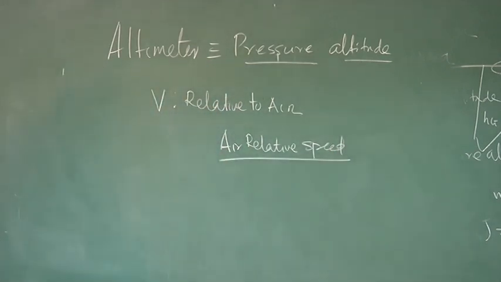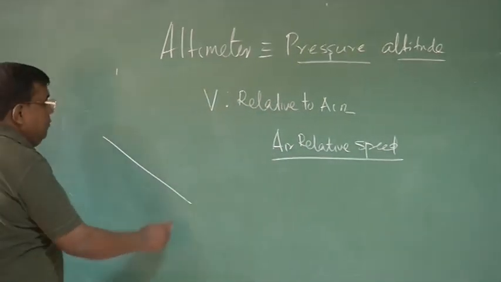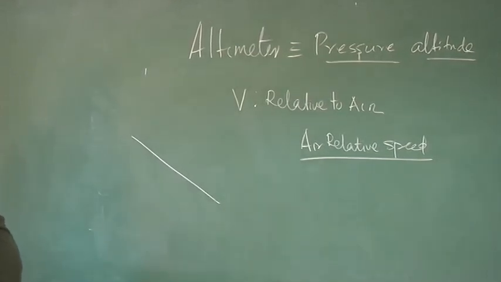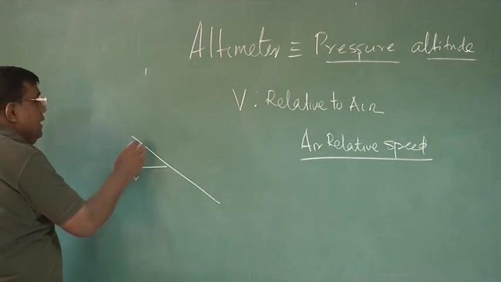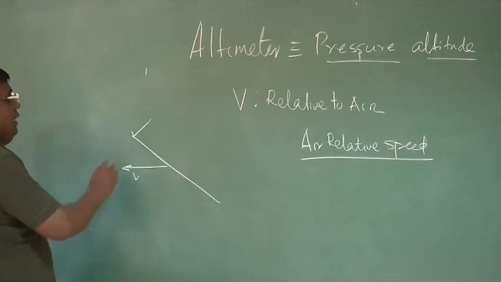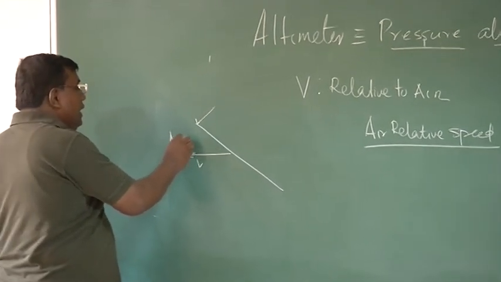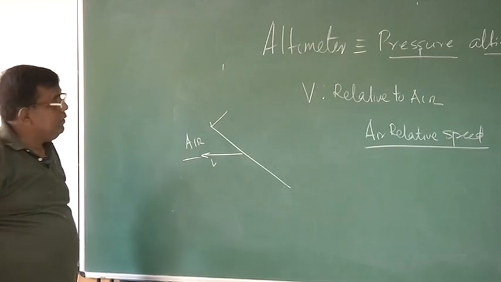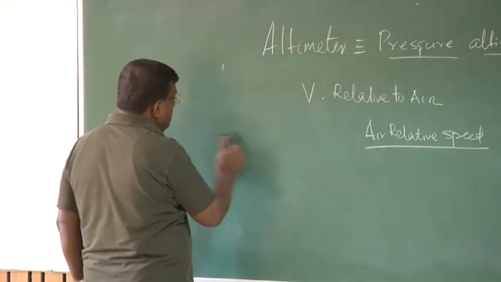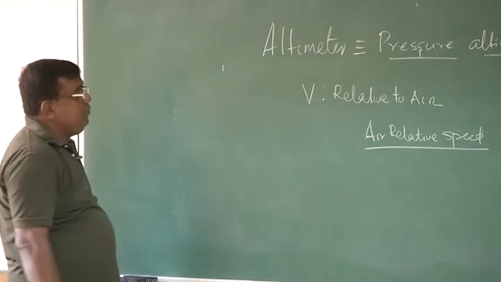Because you have understood that if I want to lift, as per George Cayley's explanation, I need to move this in such a way that there is a relative speed between the wing or the plate and the air or the atmosphere, right? So aerodynamic forces will depend upon the relative air speed.